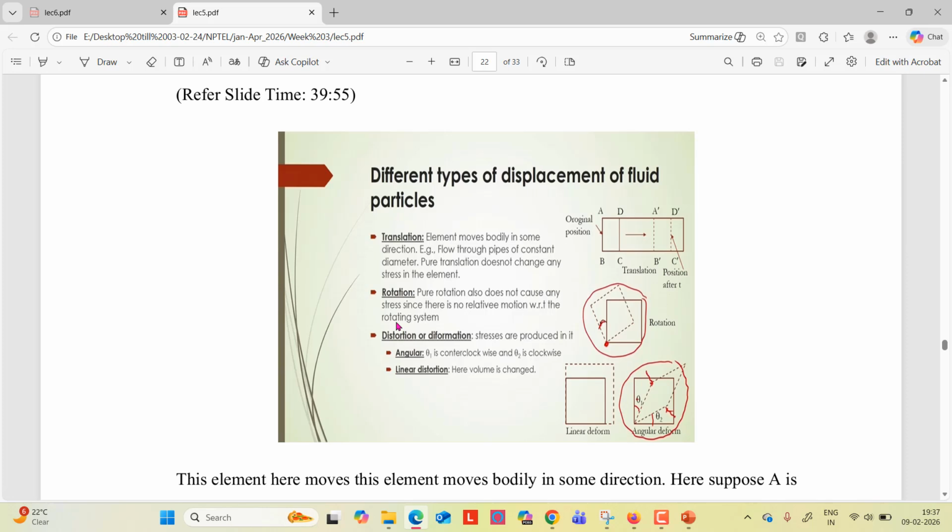So now comes the different types of displacement field, like how the transition is happening. Translation means ABCD will go to a different place.